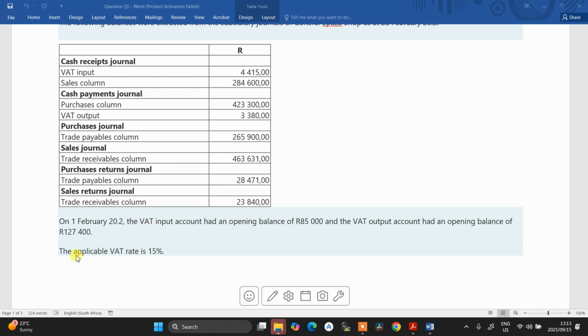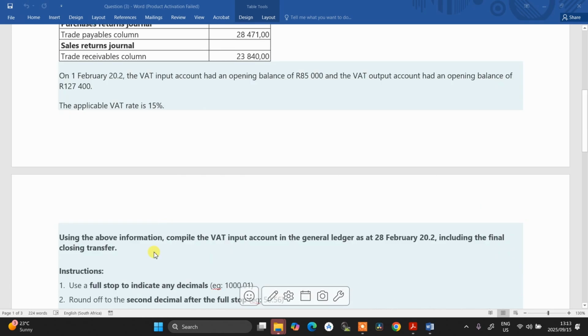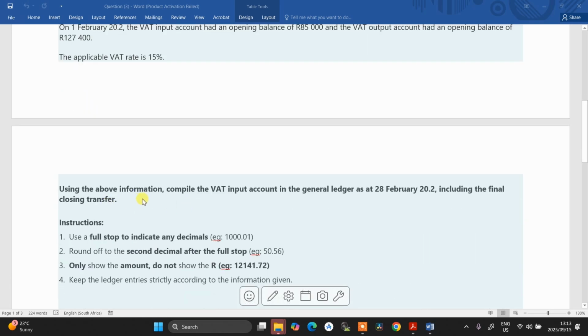The applicable VAT rate is 15%. And then the question says, using the above information, compile the VAT input account in the general ledger as at 28 February 20.2, including the final closing transfers. Okay, so let us do just that.